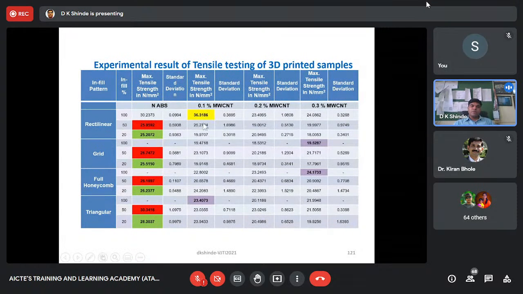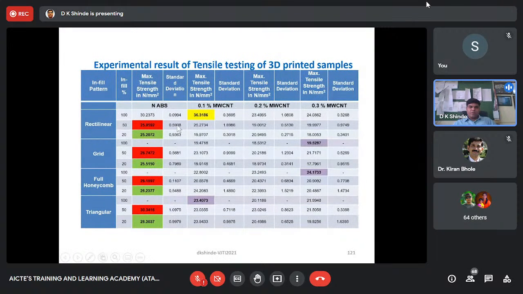Rectilinear has shown, with 0.1 weight percentage, the highest improvement, 36 megapascal, whereas by adding more, they have shown a continuous drop in tensile strength, whereas the triangular pattern has shown better, in second place compared with the rectilinear at 0.1%.